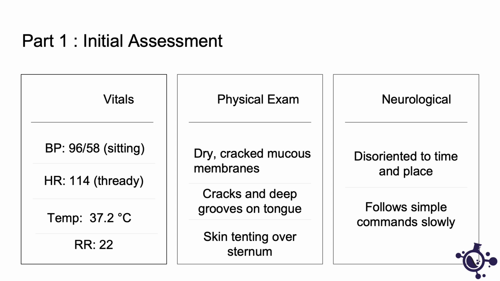And then we have also an increase in the respiratory rate, which is 22. And again, I'm asking myself, why is this respiratory rate 22? And the answer that makes sense is that the body is trying to get more oxygen to the muscles and organs since the blood volume is lower.